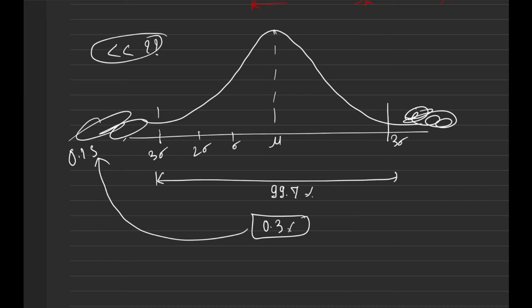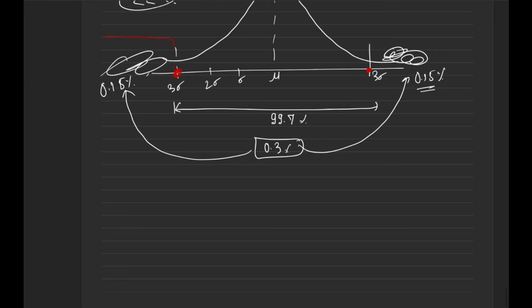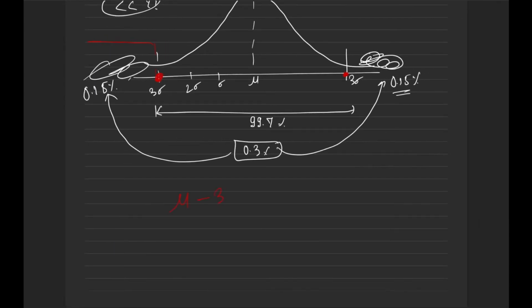That means as it is symmetric, 0.15% will be here and 0.15% will be here. As it said lesser than what point, we need to find this. If it had said bigger than what, then we would have found this point, but now we need to find a point where we have at least 0.15% lesser data points. So we'll find mu minus 3 sigma. This is the data point.